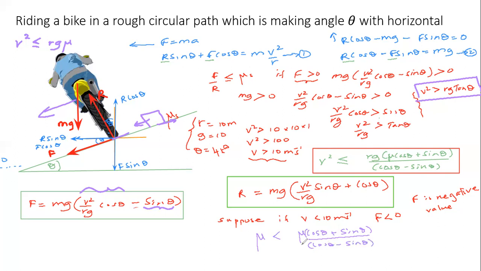Can you understand this? Let's say, take 3 plus 2 divided by 3 minus 2, which means this number is greater than 1. So this value is greater than 1, right?